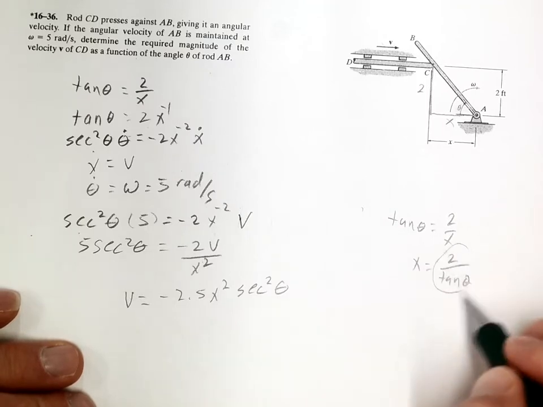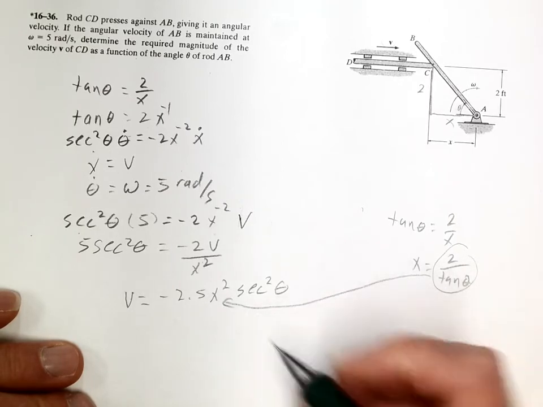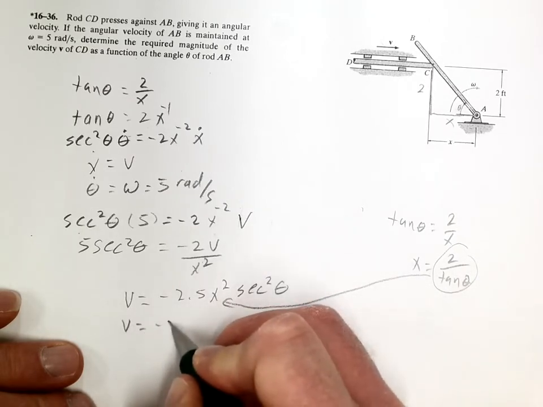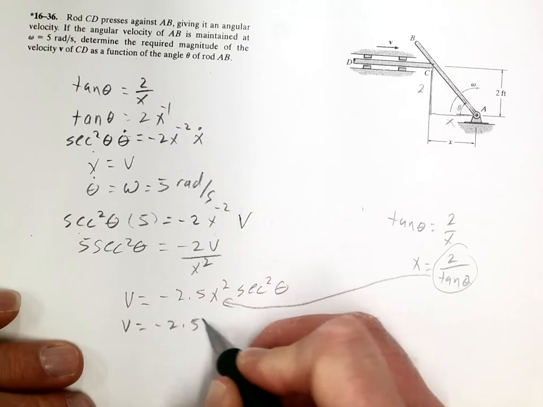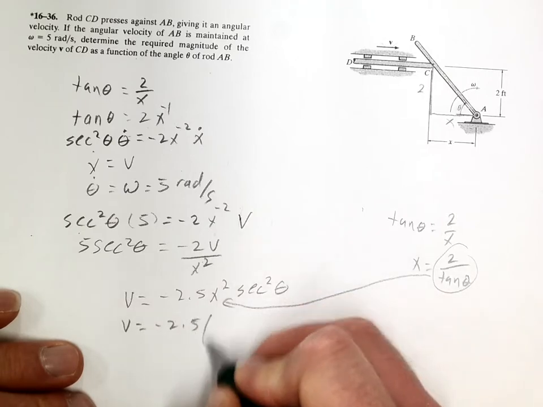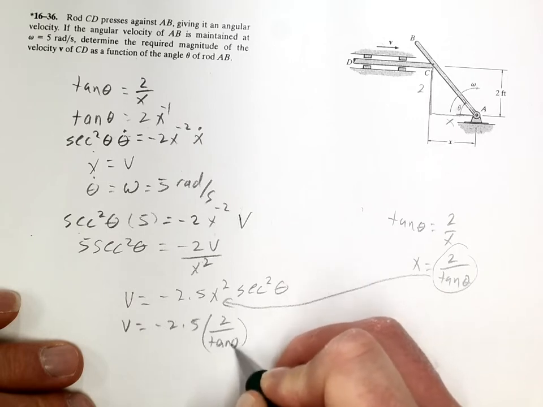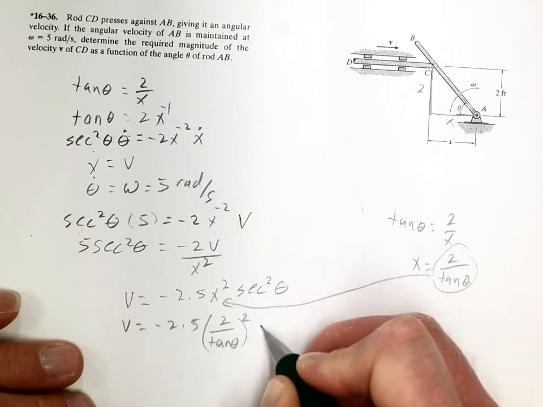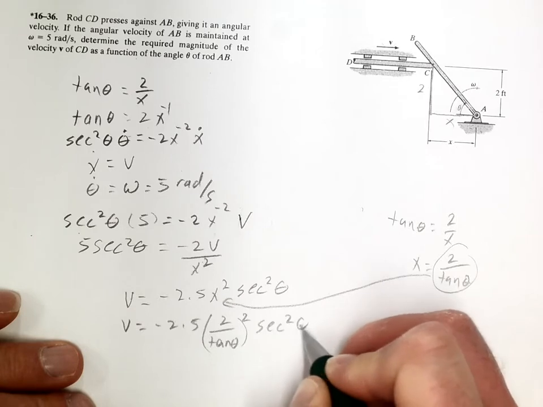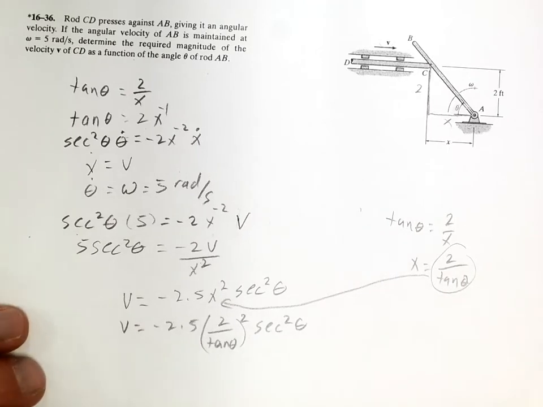Putting that into there, we get v is equal to negative 2.5 times 2 over tangent theta, squared, times secant squared of theta. So there we have it as a function of theta.